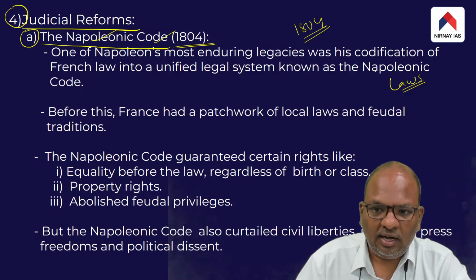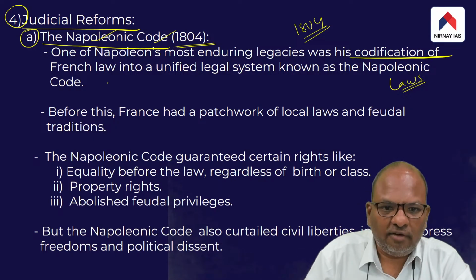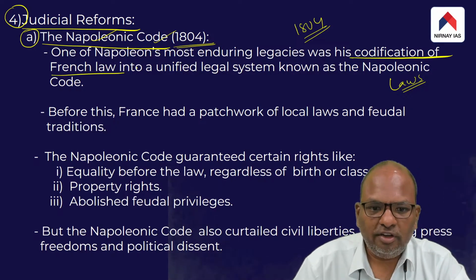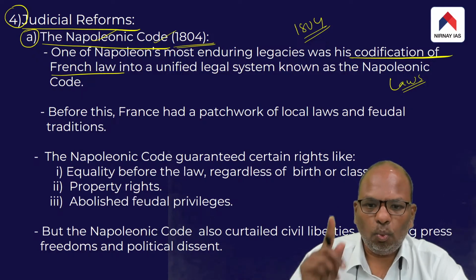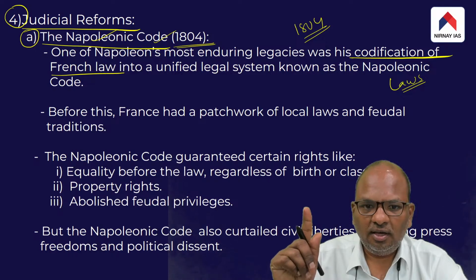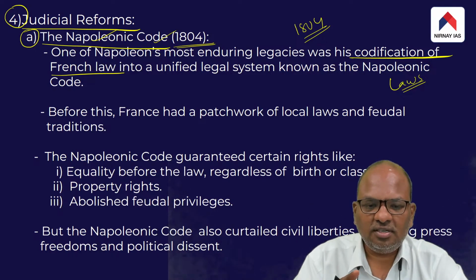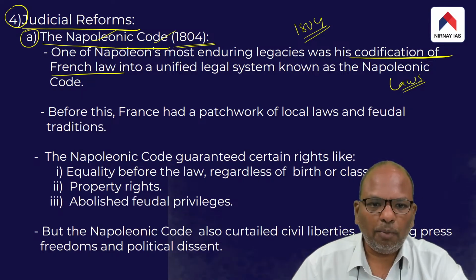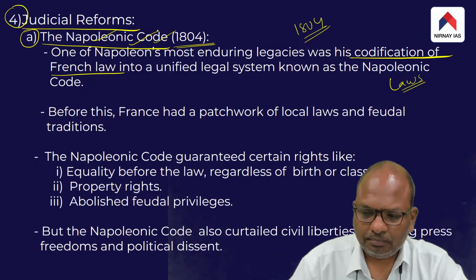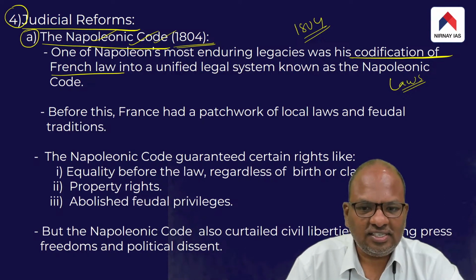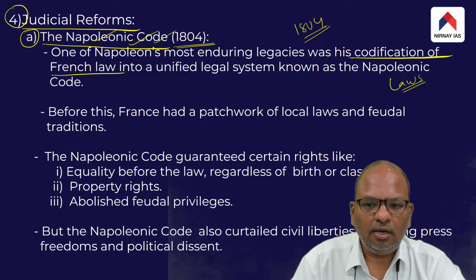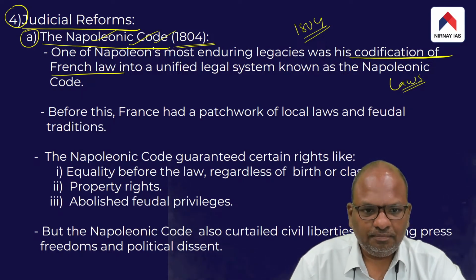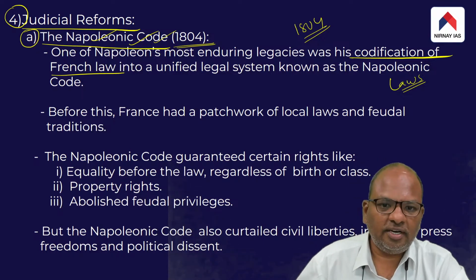Napoleon went for the codification of the French laws. Replacing all existing laws, Napoleon came up with one single code applicable for the whole of France, and this legal code became popularly known as the Napoleonic Code.